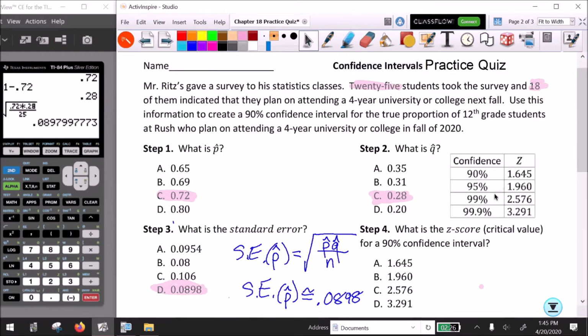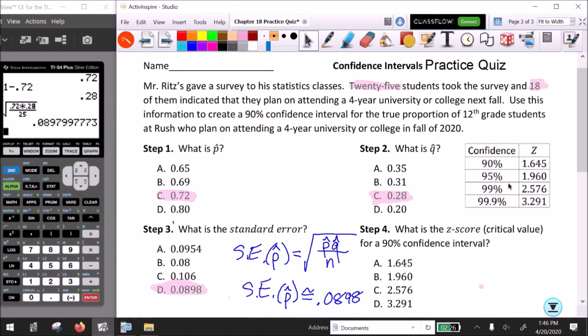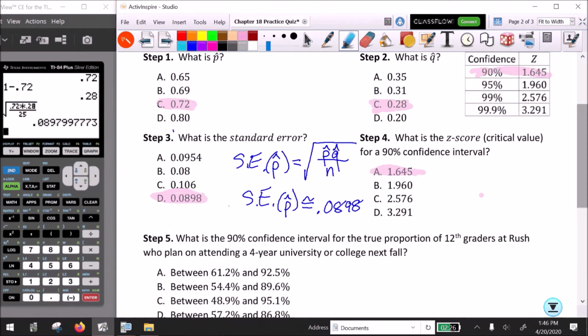Here are the z-scores that correspond to the various confidence levels. So this question is asking us, what is the z-score or the critical value for a 90% confidence interval? Well, that's right here. It's 1.645. And we're going to use that for step 5 when we create our 90% confidence interval.